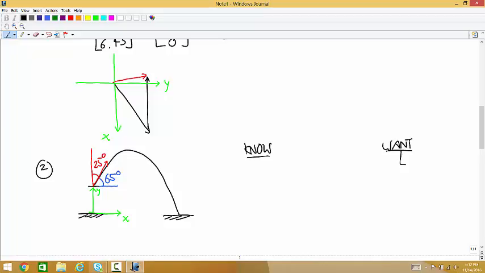So we want to find TF. We know PIX is 0. PIY is 2. We know the acceleration. The final position, we know that PFY is 0 because it hits the ground.